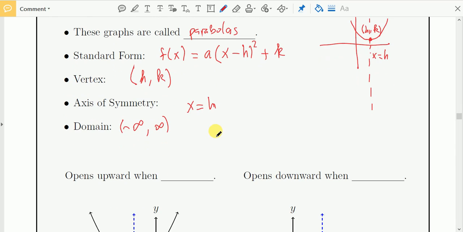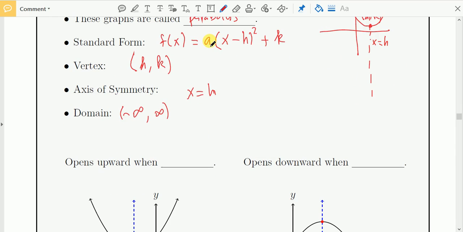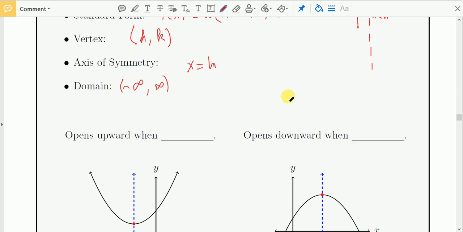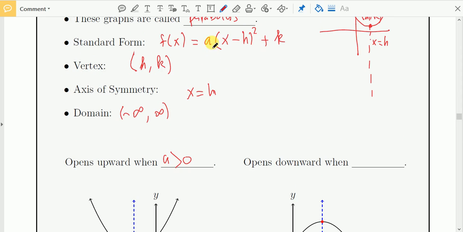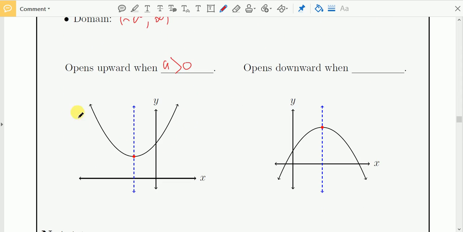Now the parabola opens up like in this case when the a here is positive. So when a is positive, or bigger than 0, you have the open up parabola. If a is less than 0, or negative, then your parabola opens downward.